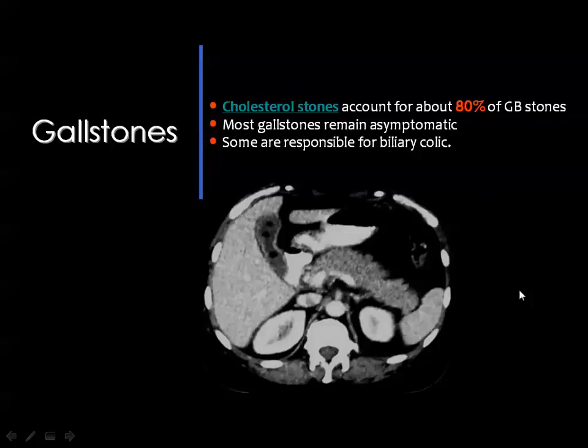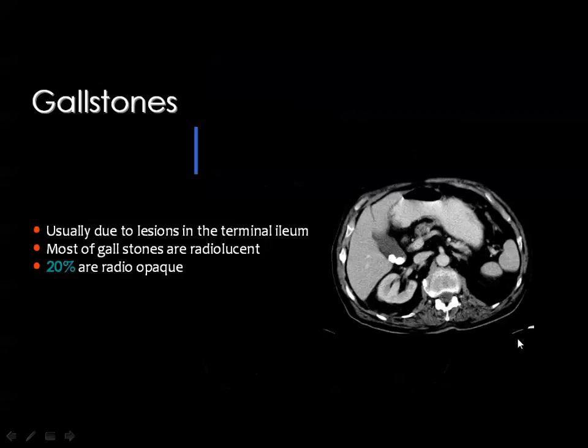And you know, the cholesterol belongs to the fat-containing structures, and the fat appears in the CT scan as hypodense. Then you can see two extremely hypodense calculi inside the gallbladder, and they compare the hypodensity of fat to the hypodensity of the fluid inside the gallbladder.